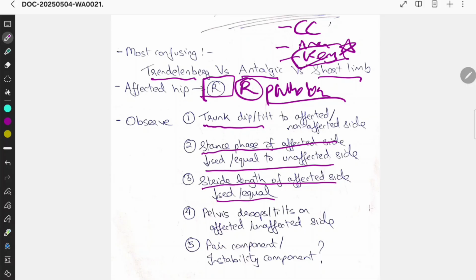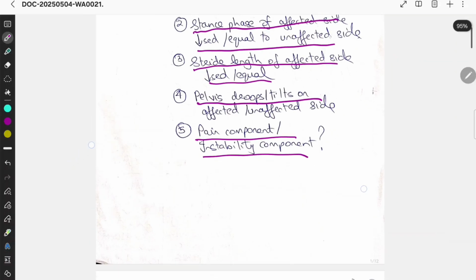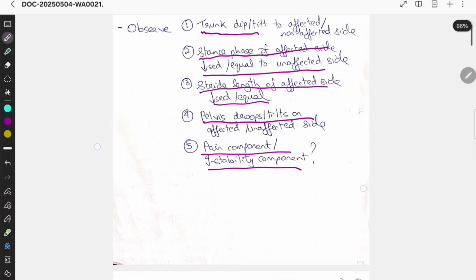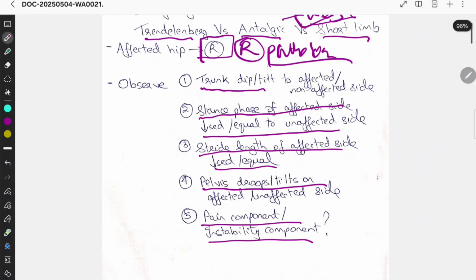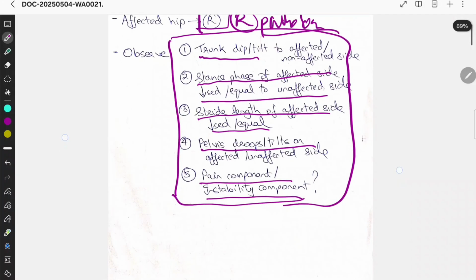And we are going to observe whether the pelvis droops or tilts on the affected or unaffected side. And most important, we are going to check whether there is a pain component while walking, and whether there is any instability component. So these are the important things which we observe before commenting on the gait and reaching the type of gait and diagnosis.